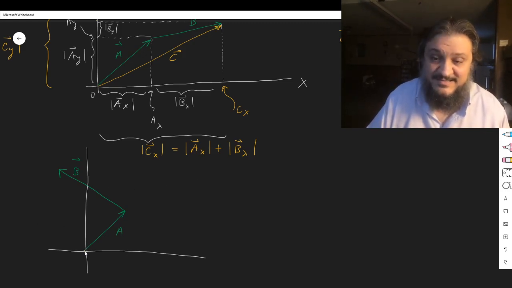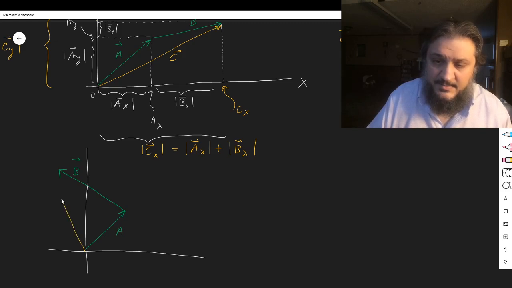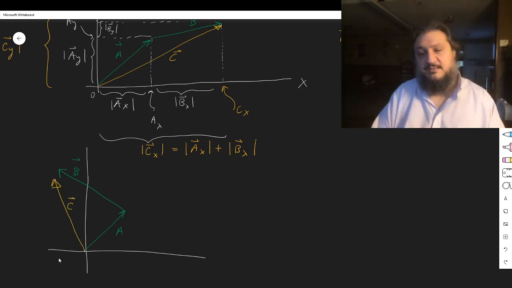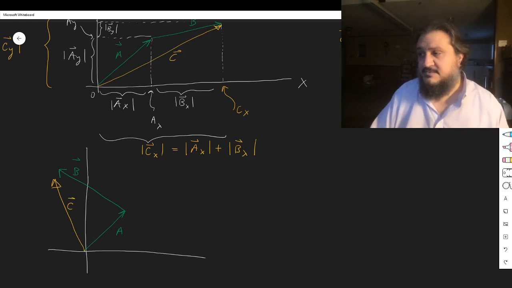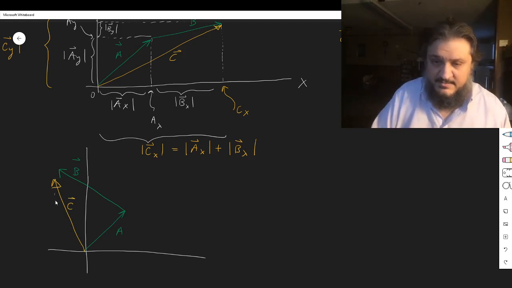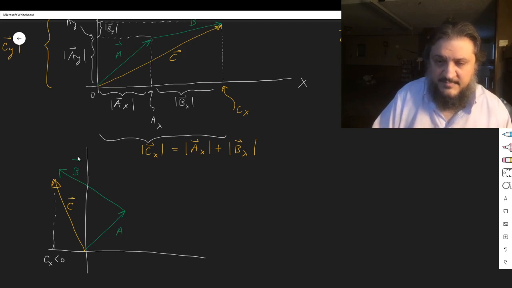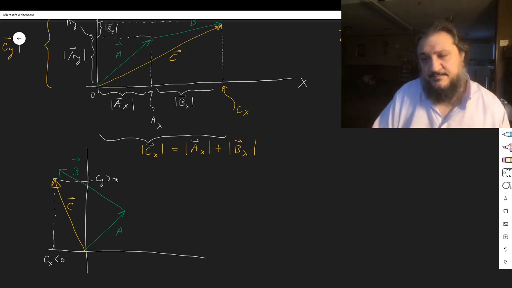It's called the resultant vector, a plus b, which is c. Now I'm going to get a negative component for c, right? So cx will be negative, and cy is still positive.